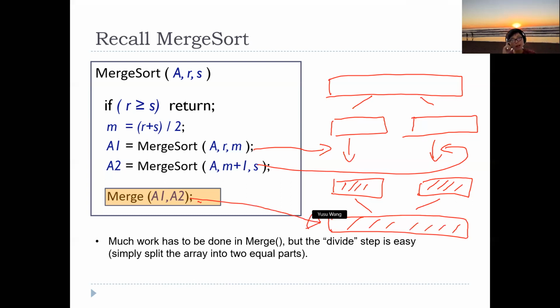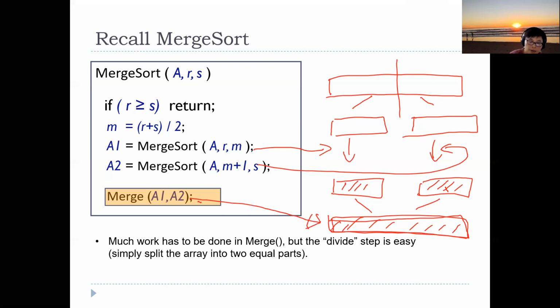So this is divide and conquer. Now in this framework, the divide step is very easy. We just cut it in the middle, split it into 2. But then we have to do a little bit of work later at the merging step, because now we have 2 subarrays, and we have to merge them into a single sorted list.